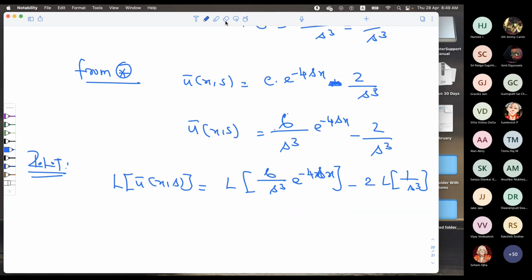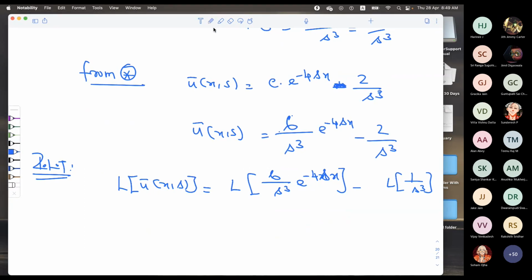Even this 2 also we can maintain inside, because it is 2 divided by s cube, which gives t square. Here it is minus t square I may take. Am I right? Right, sir.